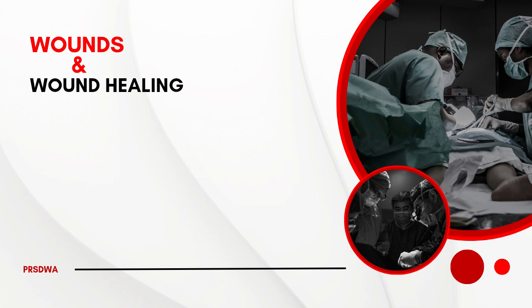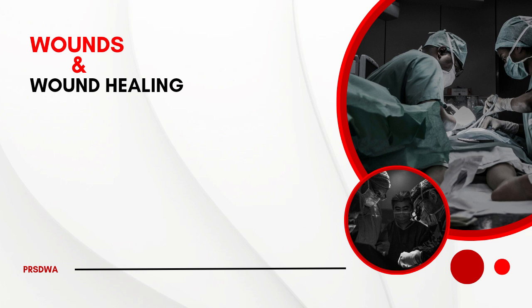Then the other systemic factors that can affect wound healing could be medications like steroids. Steroids will dampen the inflammatory phase, and then smoking can also affect it via vasoconstriction or because of the nicotine in it, or because of reduced oxygen delivery as a result of binding of oxygen to carbon monoxide.